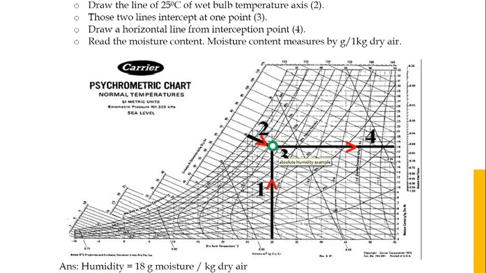For example, on this WBT line, if you use a measuring scale, the distance between 60% and 70% is 1 centimeter, and the distance between 60% and the point of intersection is 0.6 centimeter.